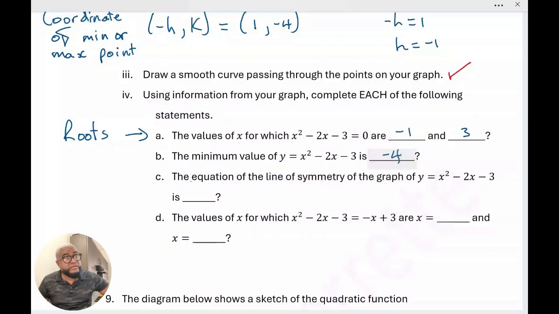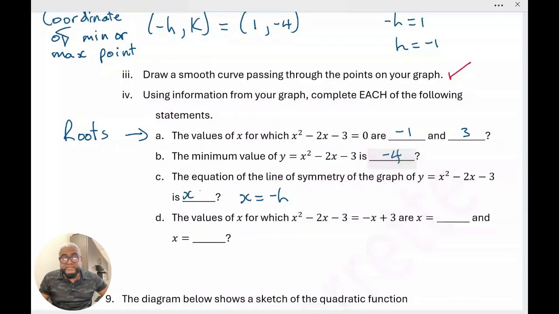We did it this morning. Anybody online? What's the equation of the axis of symmetry? X is equal to what? Thank you. X is equal to -h, right?